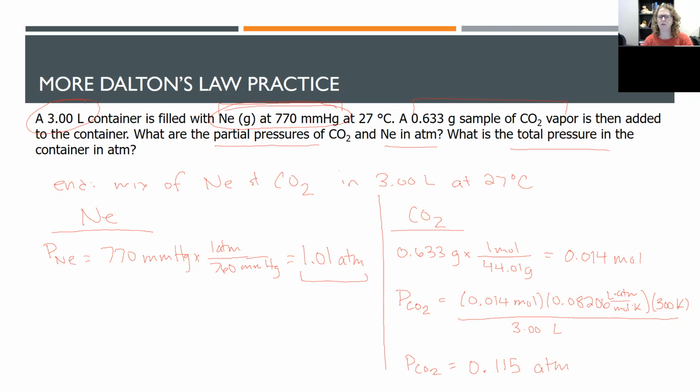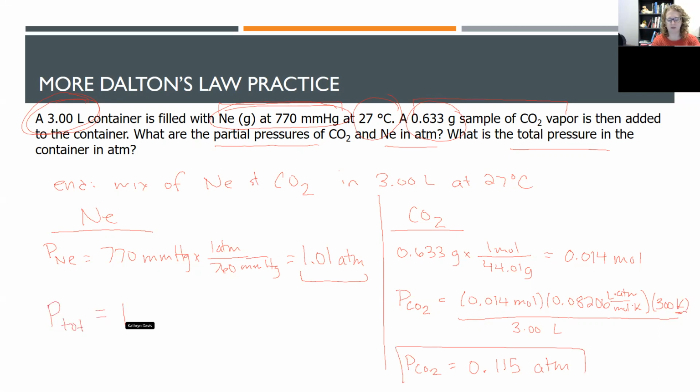As far as the CO2, that's a little bit more complicated. But we've done this before. They gave us some grams. They gave us a volume. They gave us 27 degrees Celsius. And so we can go ahead and solve for the pressure. We know the moles, we know the liters, we know the temperature. And we can find that the CO2 has a pressure of 0.115. And so after that, it's all over but the math.